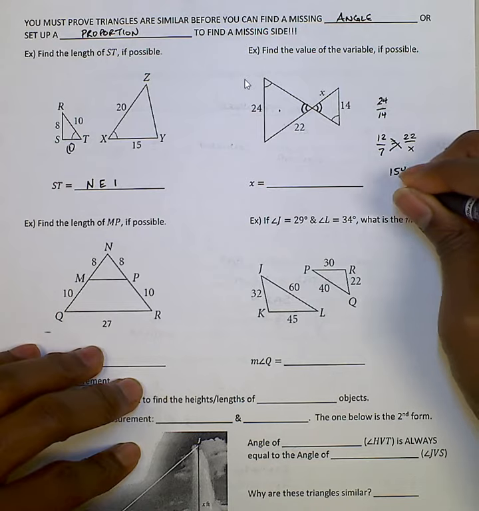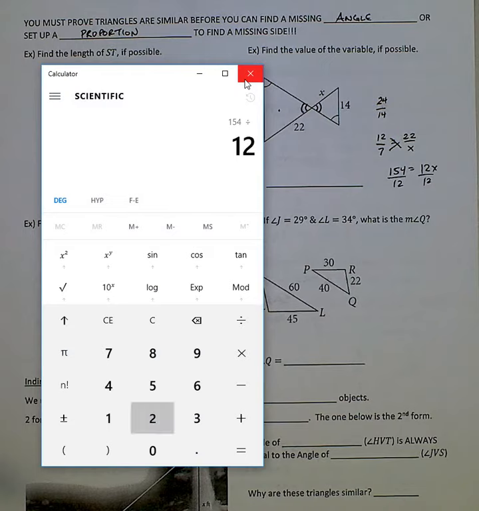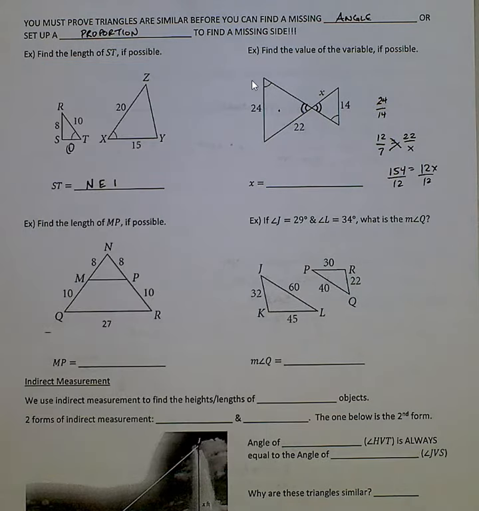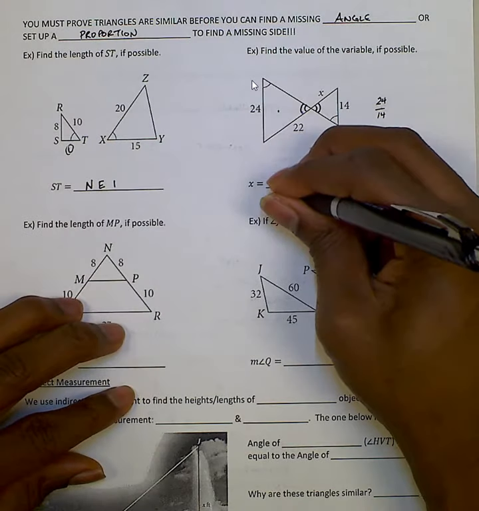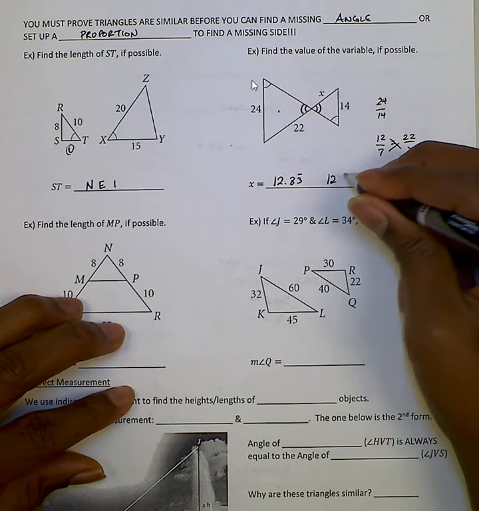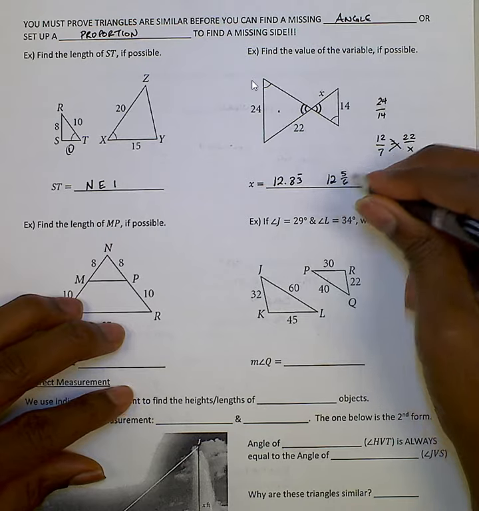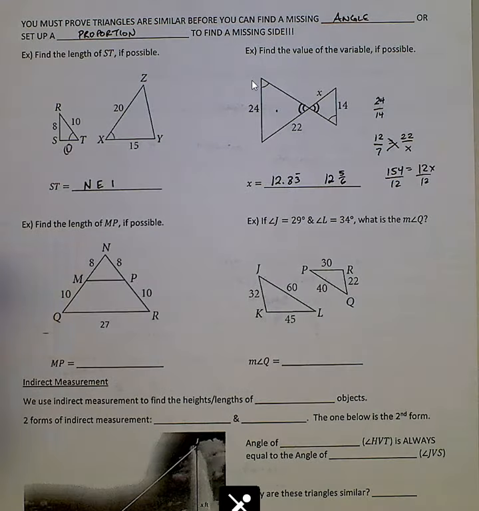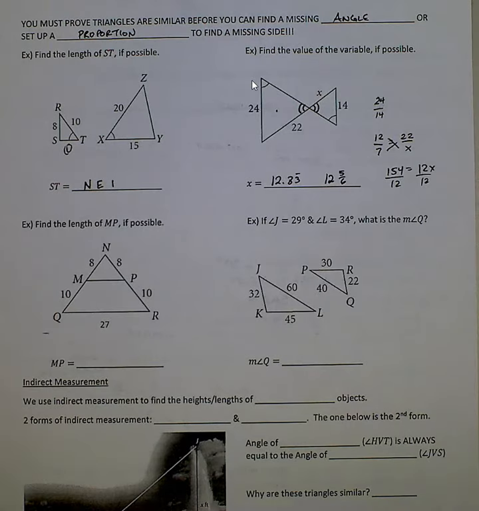Divide both sides by 12. 154 divided by 12 is 12.83 repeating, and that would be 12 and 5/6. Okay, so that's 12 and 5/6, I believe. Hope so. All right.